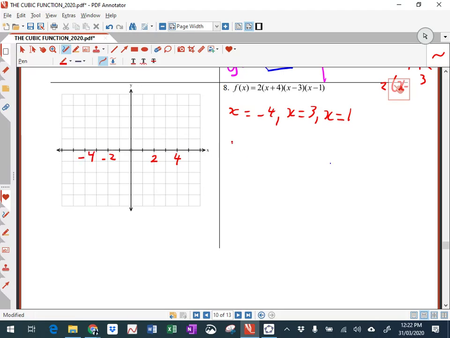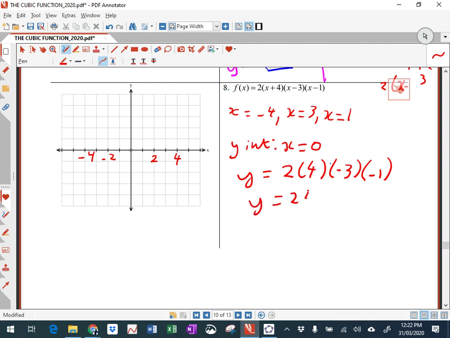Now the other thing I can work out is the y-intercept. If I sub in x equals 0, what do I get? I get y equals 2 outside of 4, outside of negative 3, outside of negative 1. So what's that? 3 times 4 is 12, that's going to be 24.